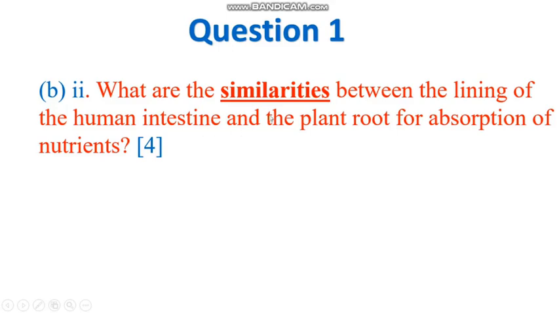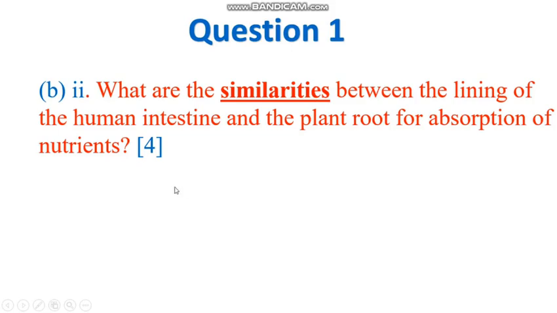Okay, so here you understand that both the lining of the human intestines and the plant roots are fairly long, meaning that they are long and they have a large surface area for nutrients. Okay, apart from that, you also find that the lining of the human intestines and the roots are connected with a network of transporting vessels. So in humans, we are talking of the capillaries, and in plants, we are talking of the xylem.